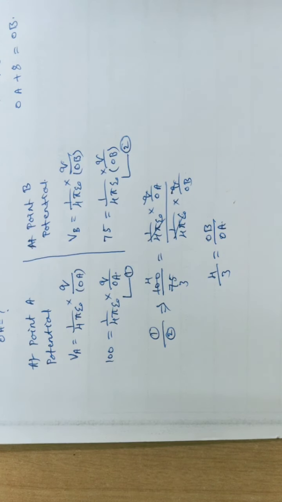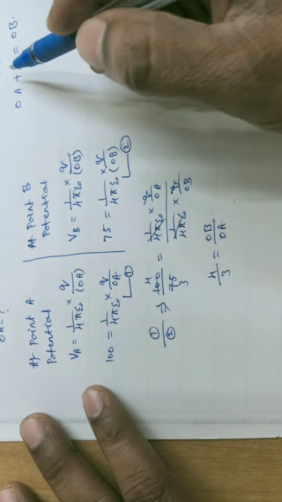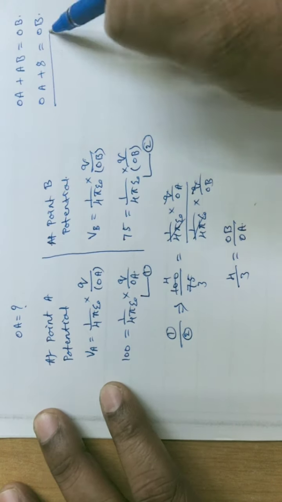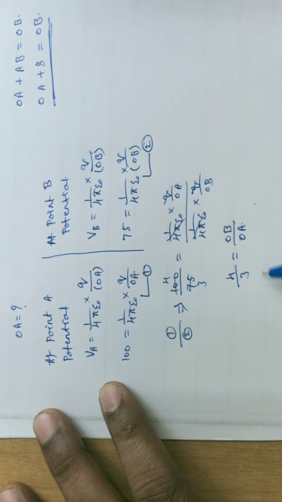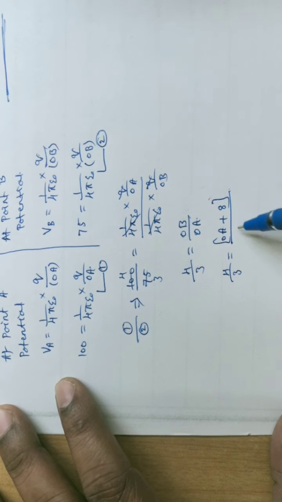Now how to observe the conditions. Already we have OB value, so 4 by 3 is equal to, instead of OB, I can represent OA plus 8, divided by OA.